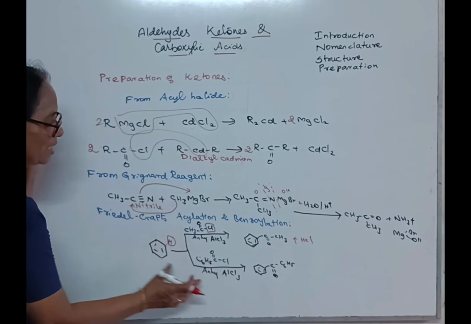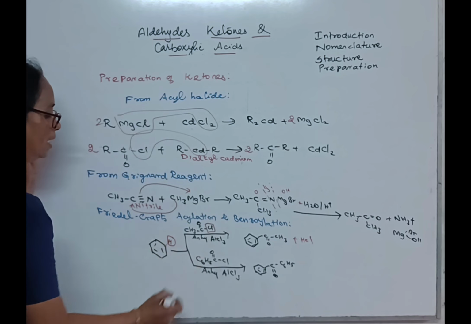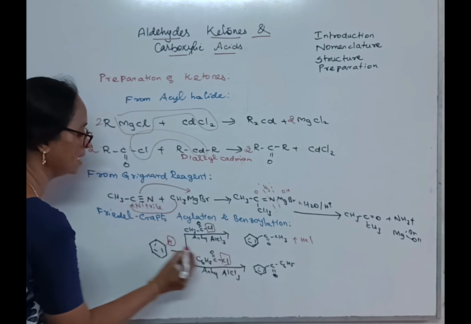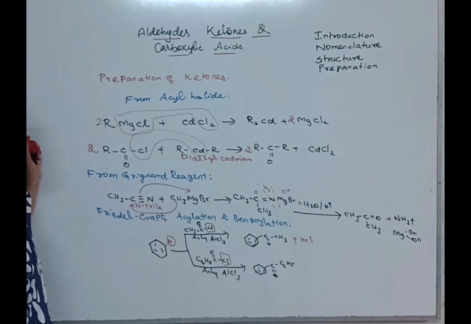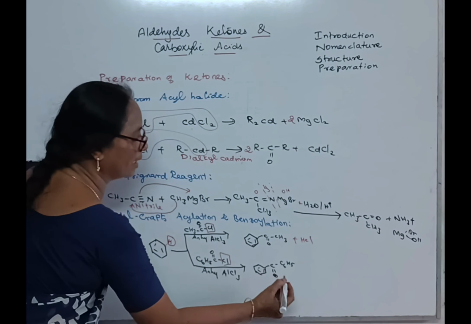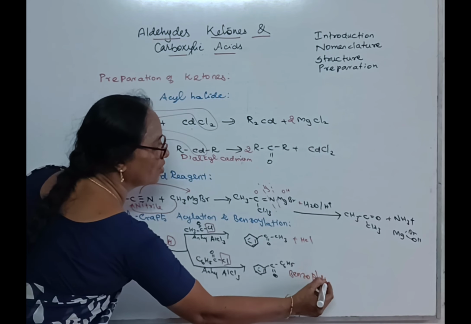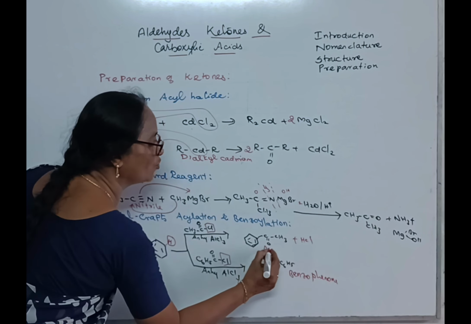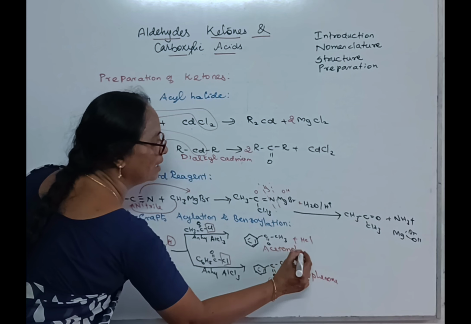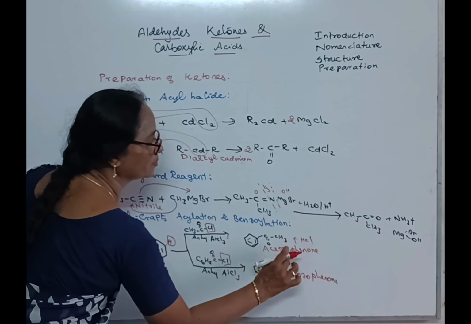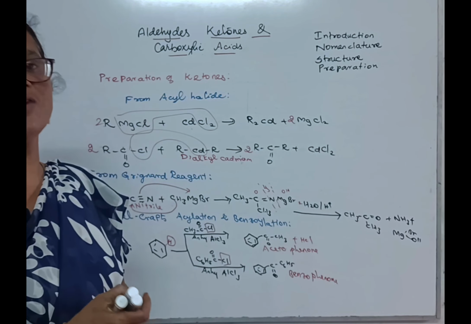Or in presence of benzoyl chloride, C6H5COCl, once again the HCl is removed and the hydrogen is substituted by the benzoyl group. So we are getting benzophenone. So by the Friedel-Crafts method we can prepare both benzophenone as well as acetophenone upon acylation and benzoylation. That's all for the preparation of ketones.